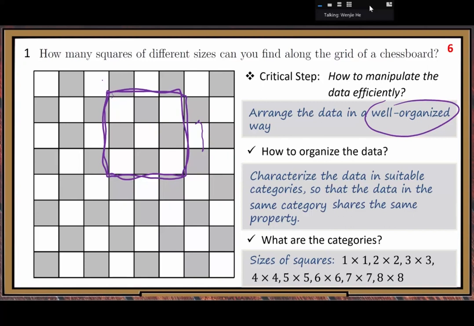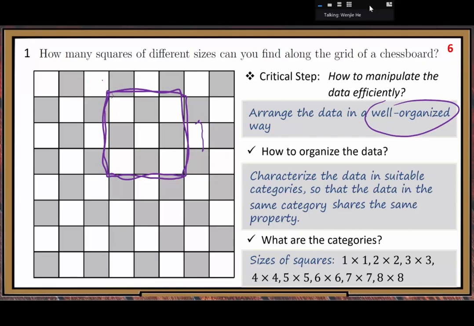And there are 2 horizontal sides, and 2 vertical sides. Can you see some property related to horizontal sides, vertical sides? Yeah, right angle, it is one.